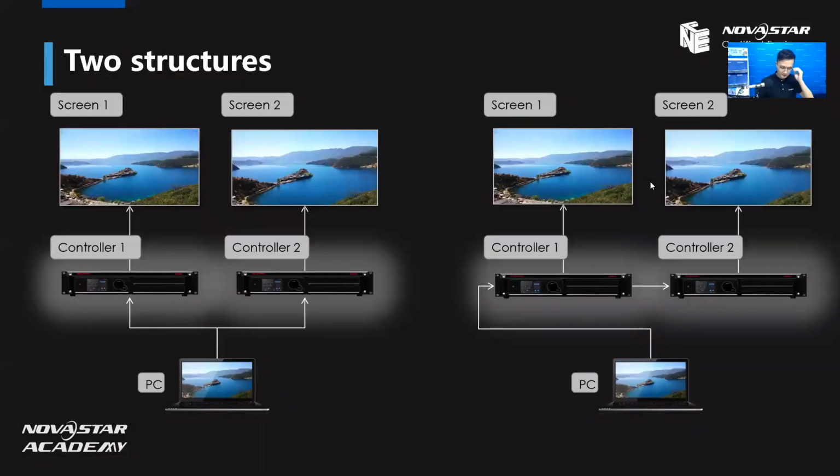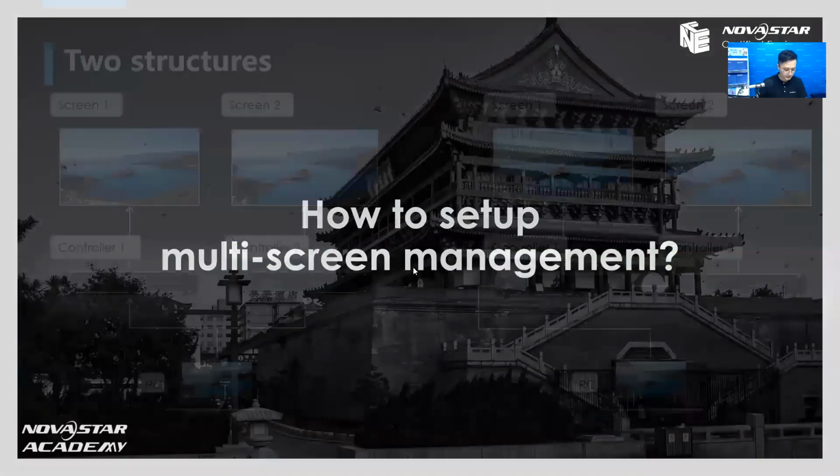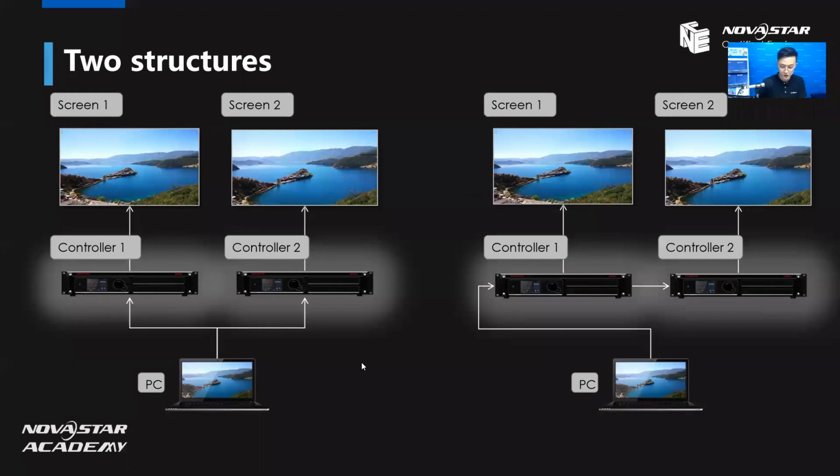So how to set up this? I just give you 2 simple structures just to give you an example. The difference between these 2 structures is, you can see here, they're using 2 controllers. So the main difference is that the 2 controllers are cascaded or non-cascaded, right?